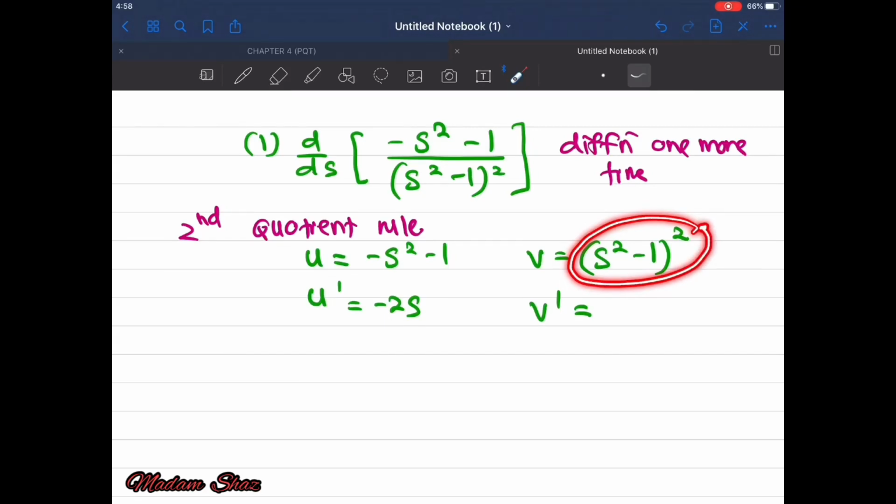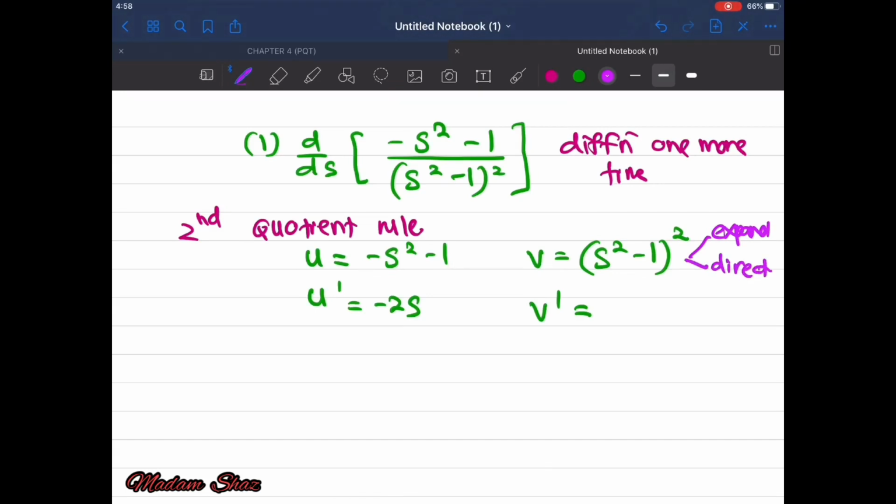So you have two techniques for how to differentiate this one. Either you expand, or you just directly differentiate. I will show you how to differentiate directly. Bring the power to the front, so you will have 2. In this bracket, we just copy down whatever you have here, s squared minus 1, and the power will become 1.